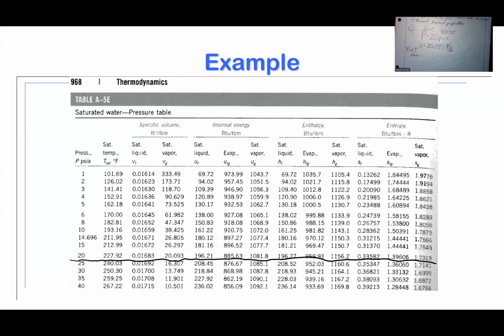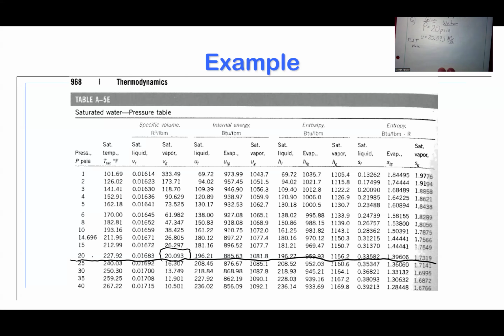All right, so you see here we've got a given pressure, 20 psi. We've got a specific volume that lines up right here. We have exactly a specific volume of 20.093, and that lines up perfectly with a set of values on our table.